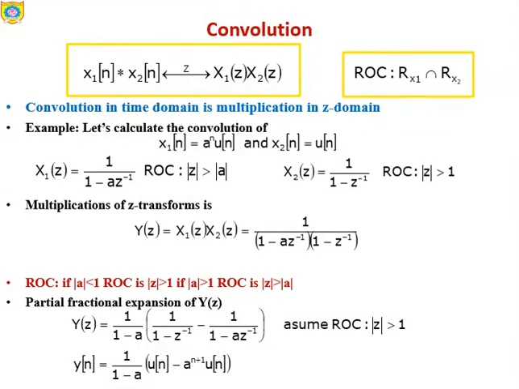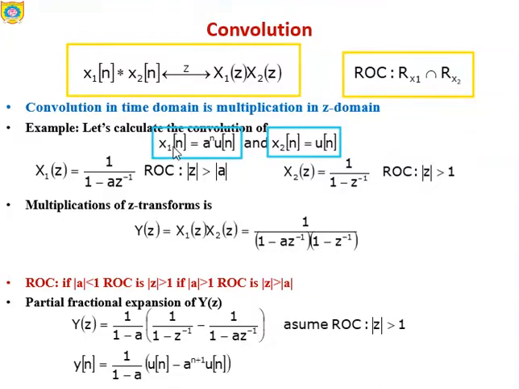So let's consider one example over here. The example which we are going to take is quite simple. Let's say we want to calculate the z transform for the sequences when they convolve with each other. So let's calculate the convolution of x1 of n equal to a raised to n u of n and x2 of n equal to u of n.